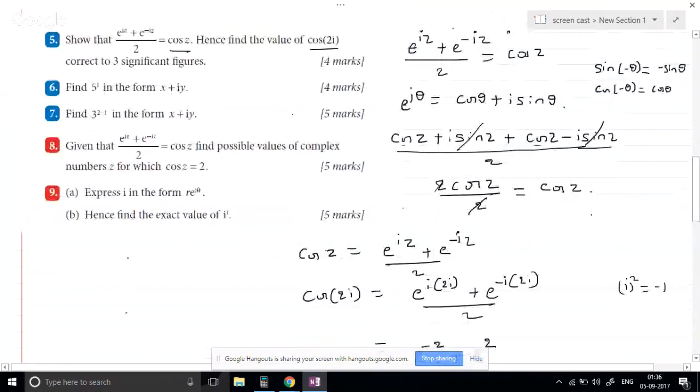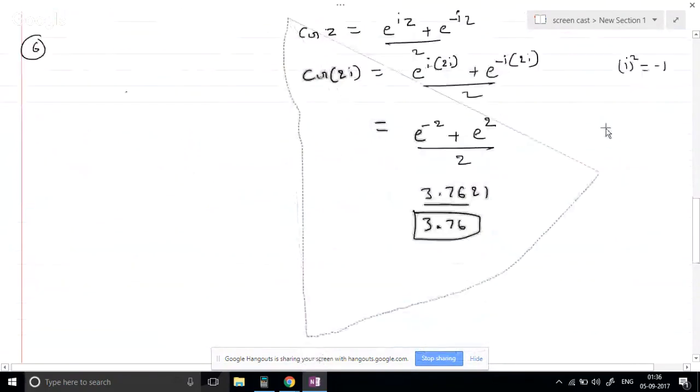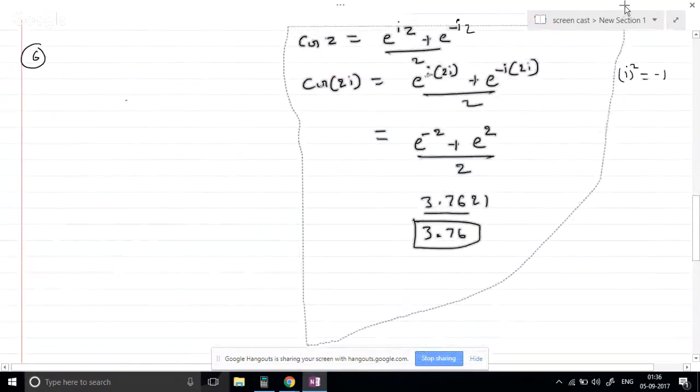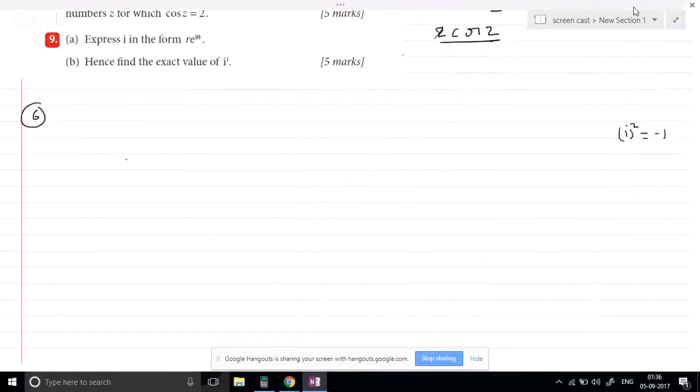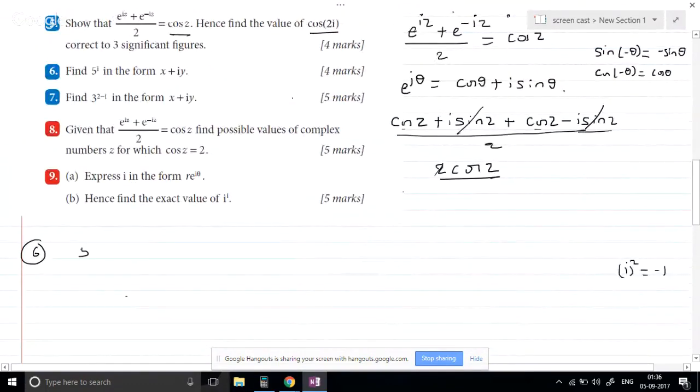Now let us do the second one, the sixth question here. The sixth question is 5 to the power of i. Express this in the form of x plus i times y.